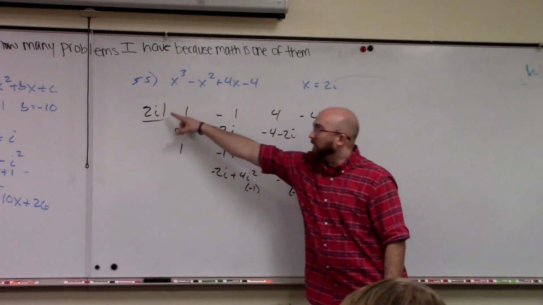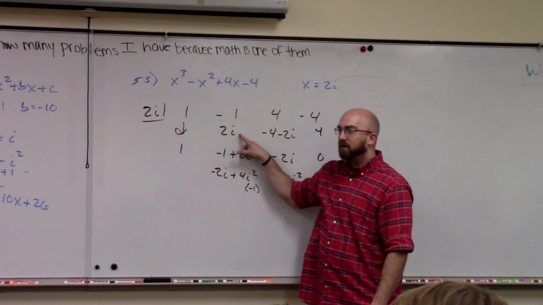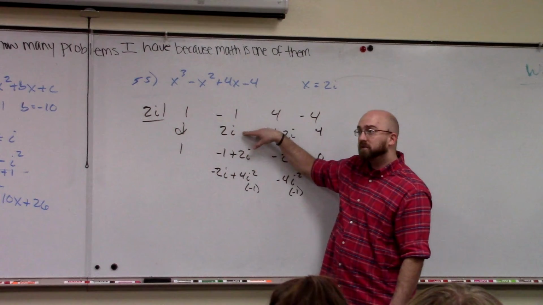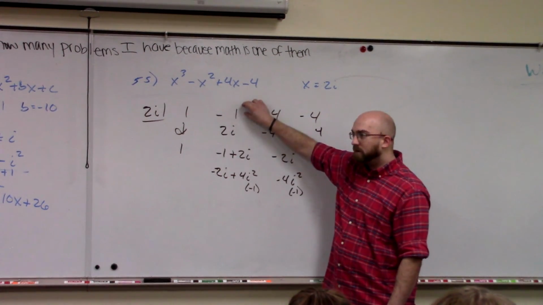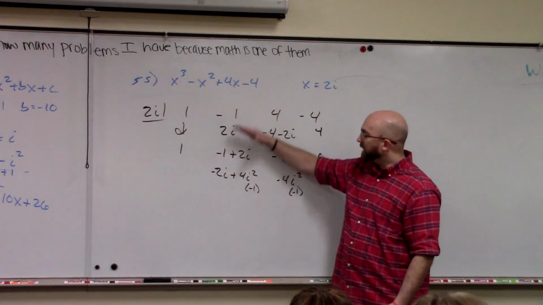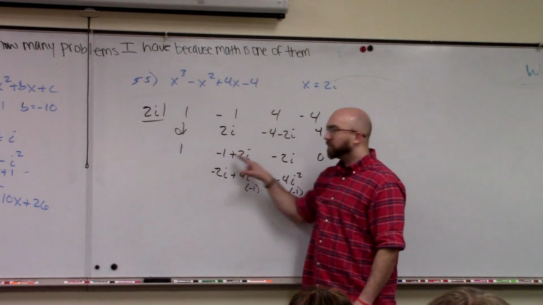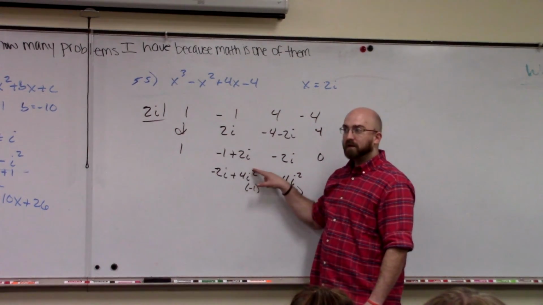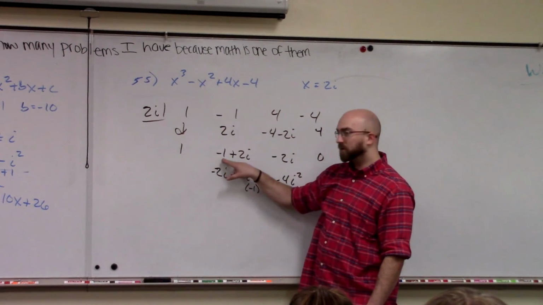So 2i times 1, right? That's what we normally do. That becomes 2i there, negative 1 plus 2i, because I cannot add real with imaginary. That's what we did yesterday. We still have to multiply the 2i times both these terms. So that's where I get this negative 2i. This is 2i times negative 1.